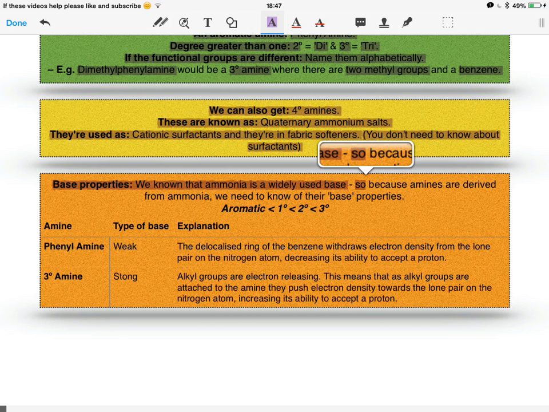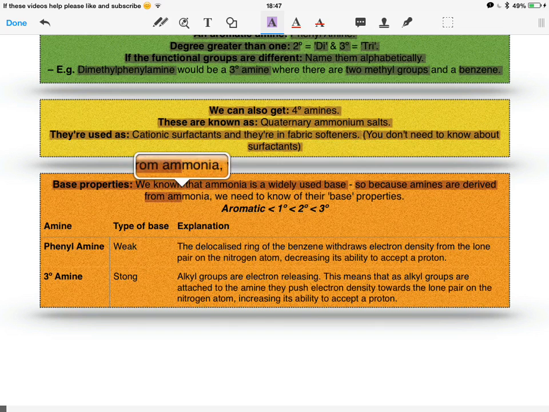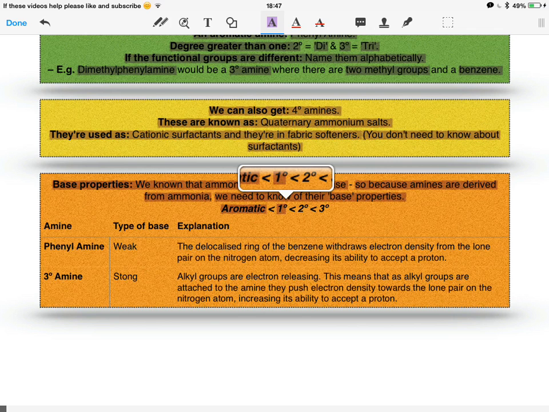So because amines are derived from ammonia, it's logical then to think that we need to know the base properties for amines. And we do. So aromatic are the weakest type of amine bases. Primary is a stronger base than that. Secondary is an even stronger base, with tertiary being the strongest. I've done the two extremes on a table here.